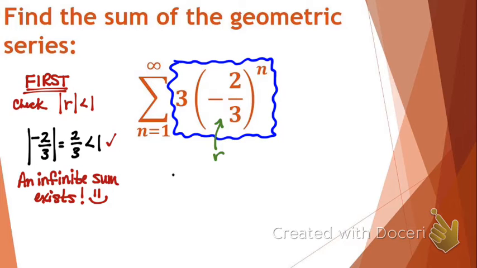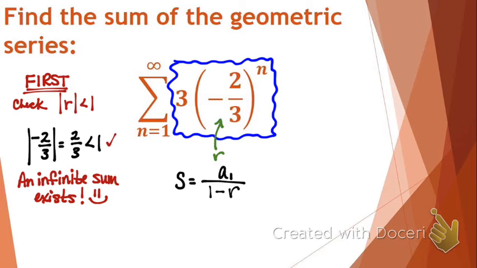So now that I know an infinite sum exists, I can use my summation formula for an infinite sum. We don't have the little n next to it, even though I accidentally wrote it for a second there, because we're not summing n terms, we're summing an infinite number of terms.